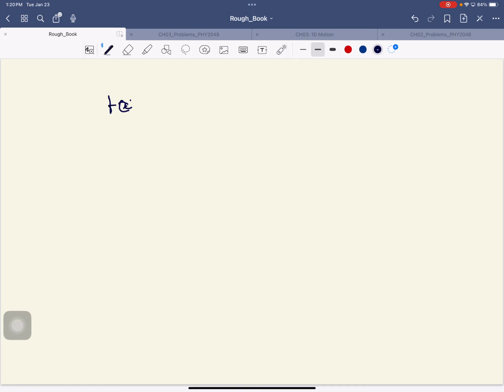So if f of x is x square, what is the derivative of x square? 2x. Do you understand? What is the derivative of x to the power n? n times x to the power n minus 1.